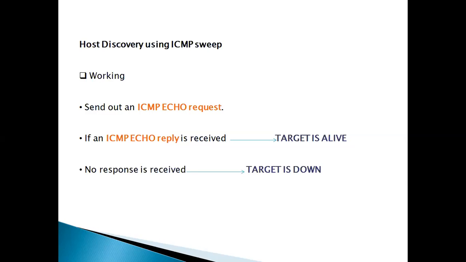Most probably it will send an ICMP echo reply packet of type 0 if the host is alive. And if no response comes from the target, it means the target is not alive or is down.